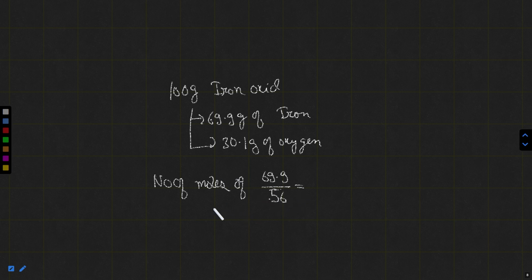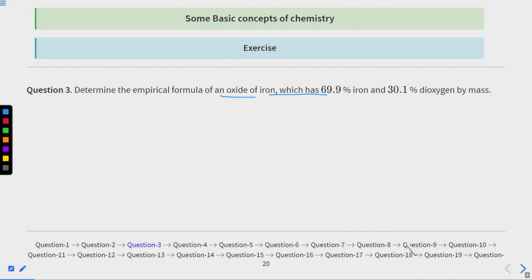That is the number of moles of iron, and number of moles of oxygen would be 30 by 16. So once you calculate it, you will get approximately 1.25 for this, and this is 1.9, close to, say, 2.